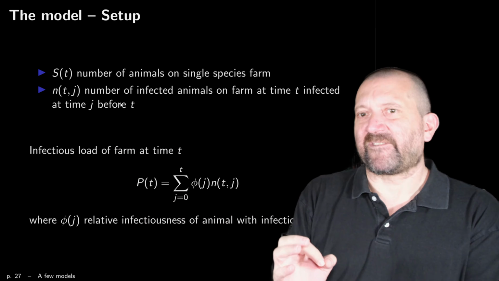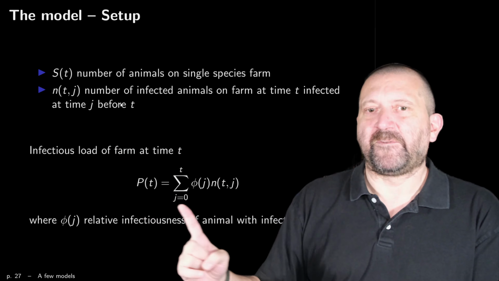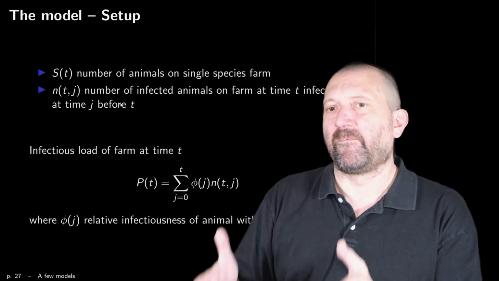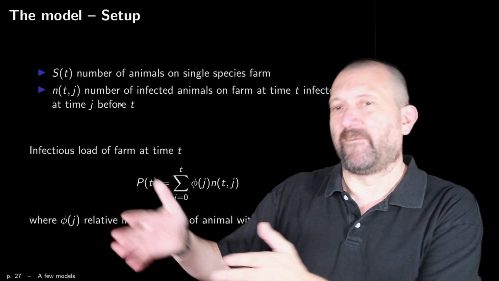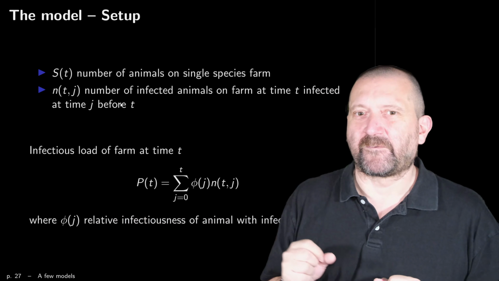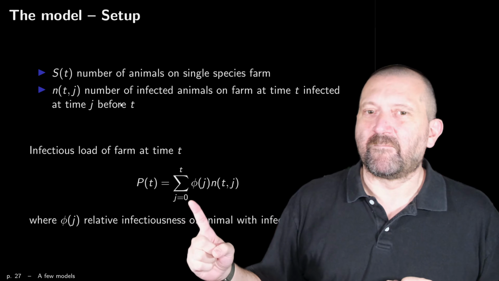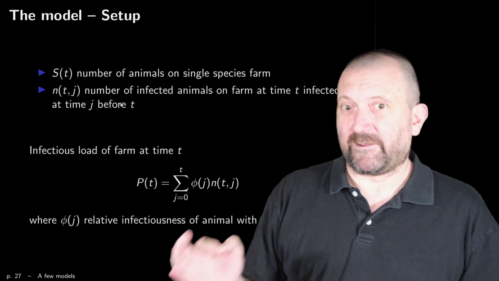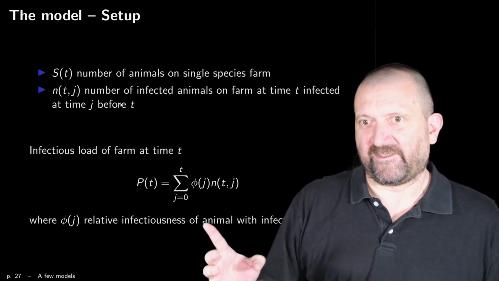And that infectiousness, for example, remember the incubation period is let's say 3 days to 14 days. So before you have been infected for 3 days, your relative infectiousness will be 0. If you're in your incubation period, phi j is 0.